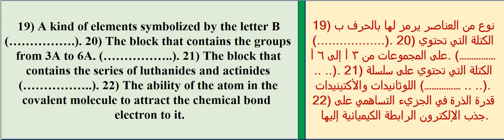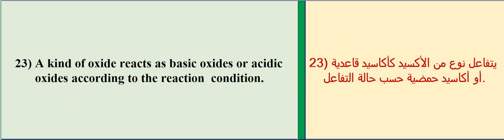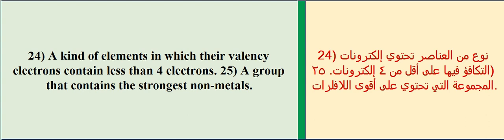22. The ability of the atom in the covalent molecule to attract the chemical bond electrons to it. 23. A kind of oxide that reacts as basic oxides or acidic oxides according to the reaction condition. 24.